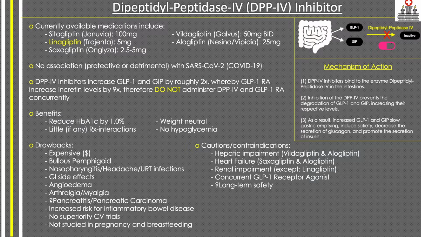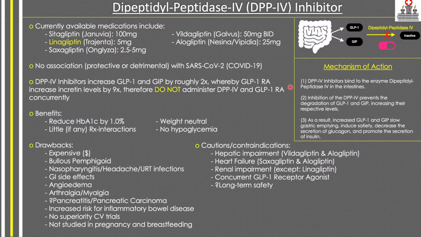Okay, so the next class of medication we will discuss are the DPP4 inhibitors, or dipeptidyl peptidase 4 inhibitors. As we've just discussed on the previous slide, this medication inhibits the enzyme DPP4, preventing the degradation of GLP-1 and GIP. DPP-4 inhibitors lead to roughly 2 times the levels of normal GLP-1 and GIP.